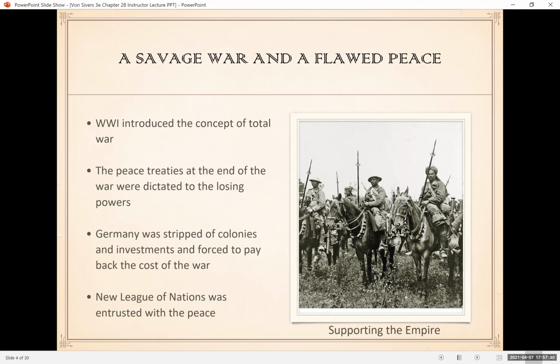He has no heir. And so consequently, we see the Austrian Empire broken up into component points. We see a whole bunch of new nations arise out of the Austro-Hungarian Empire, out of other countries that are on the losing side. Germany loses all of its colonies and all of its investments.